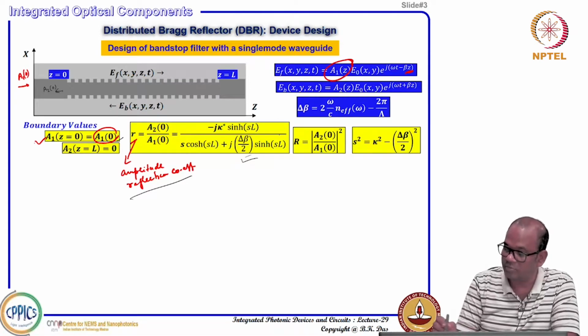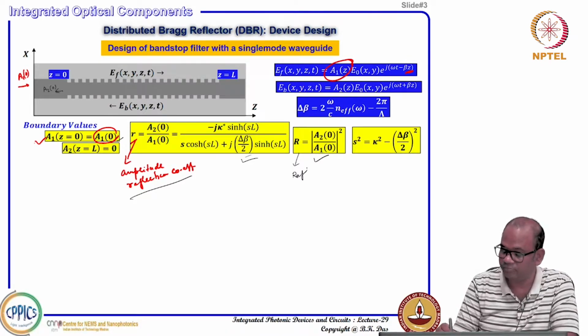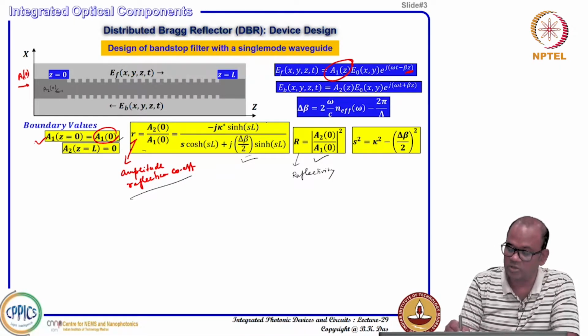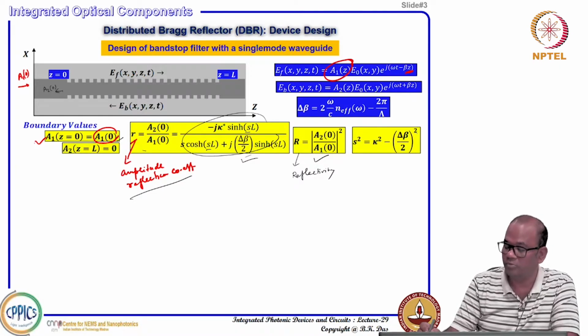Reflectivity, that means the intensity or power reflection coefficient, is obtained by taking the complex conjugate and multiplying, where S is defined as the square root of kappa square minus delta beta by 2 whole square.